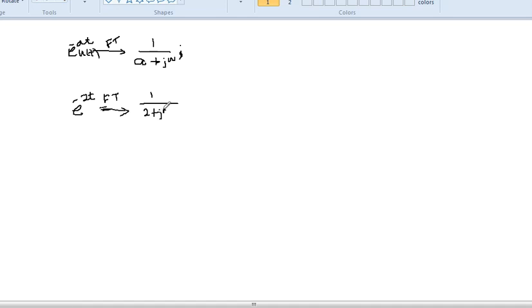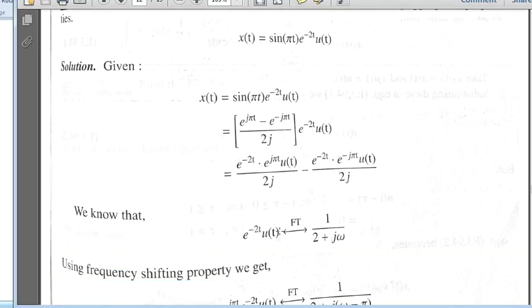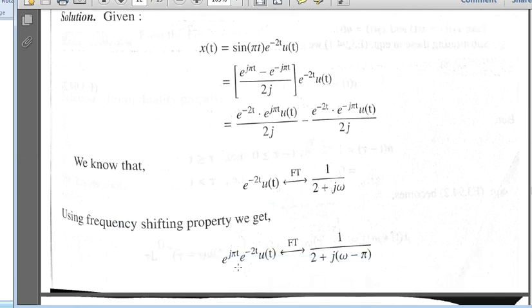So we are making use of properties now, and we are not having only this much, we are having e raised to minus 2t, and if it is multiplied with e raised to j pi t, then if e raised to j beta t we have seen, so it is a frequency shift property.